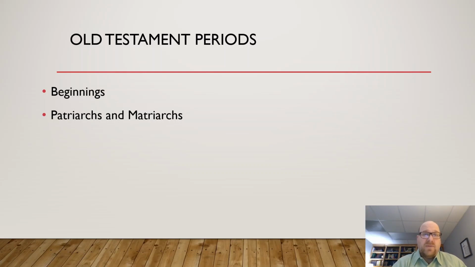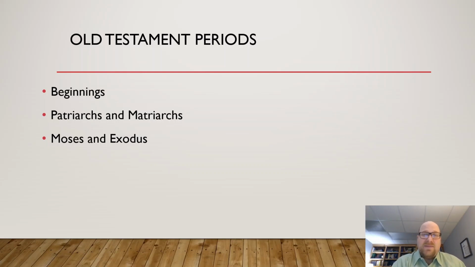All right, moving on from the patriarchs and the matriarchs, we have the period of Moses and the Exodus. And this so far is easy to remember because you've got the Genesis stuff, which is creation and Noah, the Tower of Babel, and then you move on to the patriarchs. That's Genesis. Exodus is primarily about the Exodus.